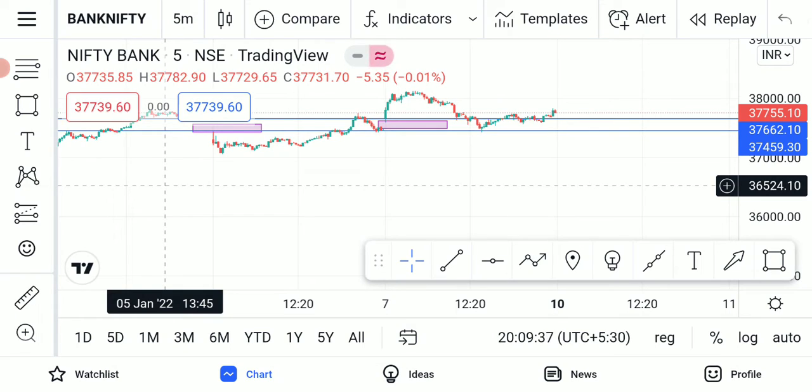You can imagine how much I would have gained. So use this opportunity whenever it comes. If you don't have much money to buy, go with a far strike, but don't go too far away.